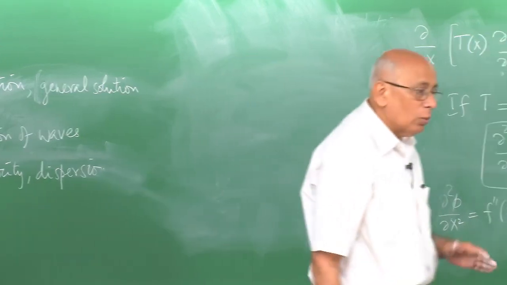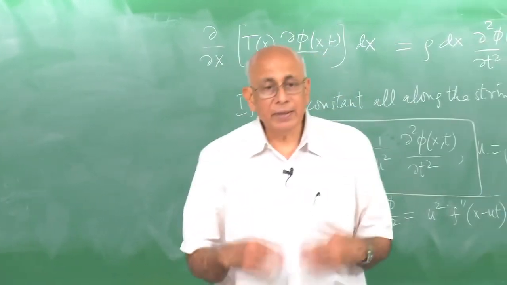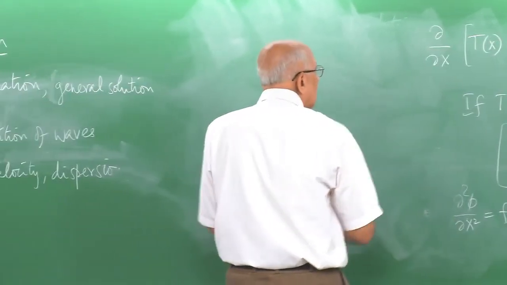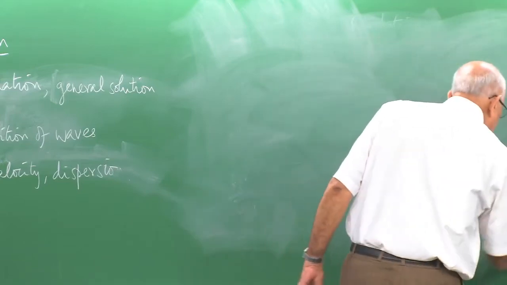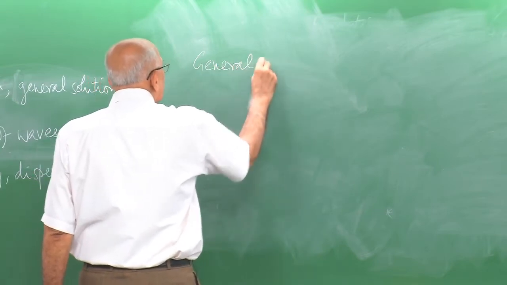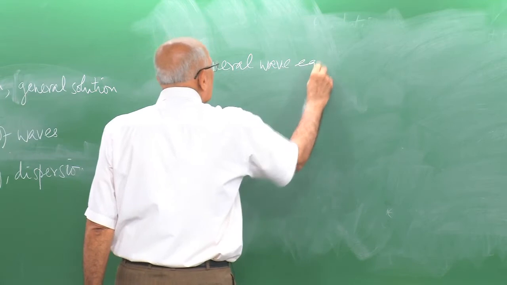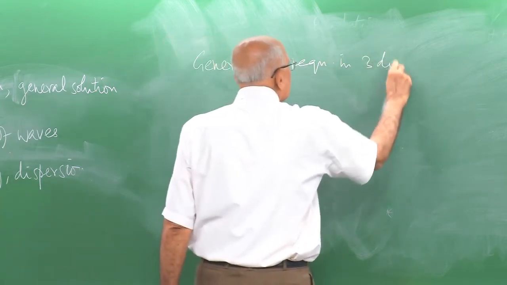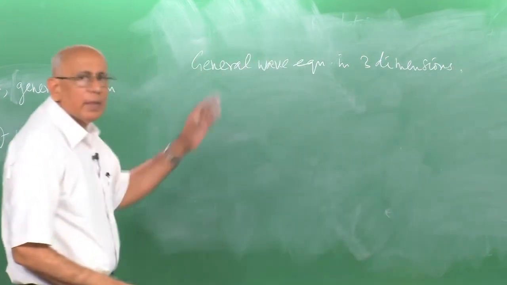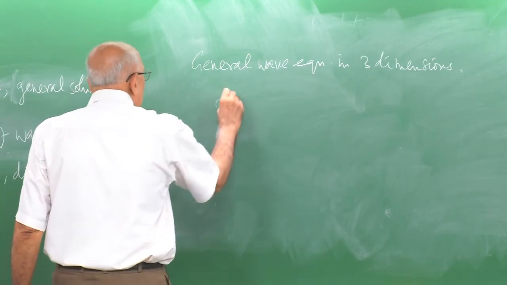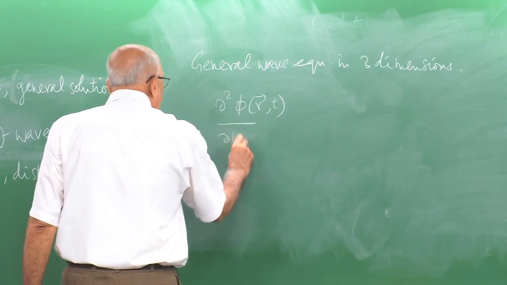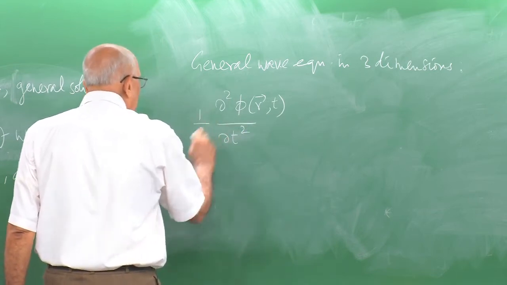What about sound waves? What about sound waves in 3 dimensions, in higher dimensions? Well, not surprisingly, a very similar kind of derivation shows us that the general wave equation in 3 dimensions for any disturbance, and let me continue to call it phi, a function of r and t, is of the form d2 phi over dt2 times 1 over u squared, the speed squared.